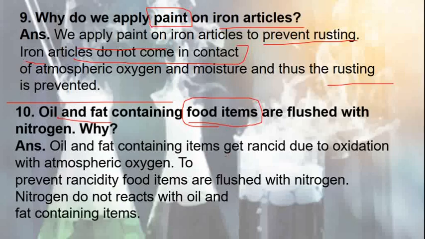Nitrogen prevents the food items from oxidation. Nitrogen is a very least reactive element, so it does not react with oil and fat containing items, and it will not allow oxidation of the items. Due to that, there is no pungent smell, and we cannot find any spoiling of food.